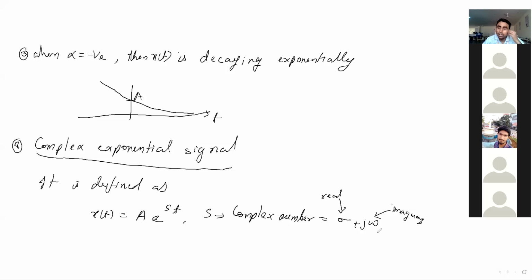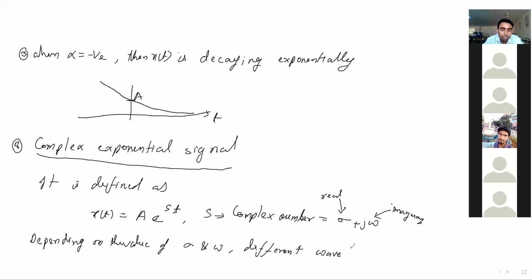Imaginary part, since it has a j term. So this is a complex exponential signal. The waveform of the signal depends on the value of alpha and omega, and different waveforms or signals exist.